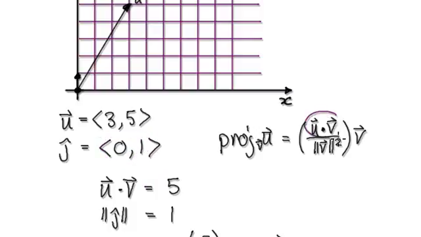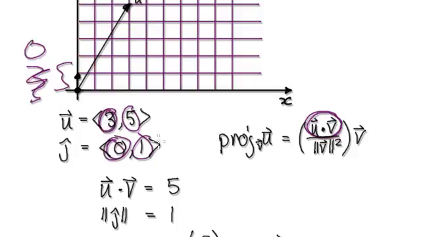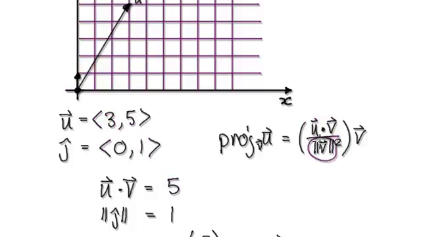So now perform the dot product. This times this will be 3 times 0, which is 0. This times this will be 5 times 1, which is 5. So the dot product will be 5. The magnitude of v is 1.